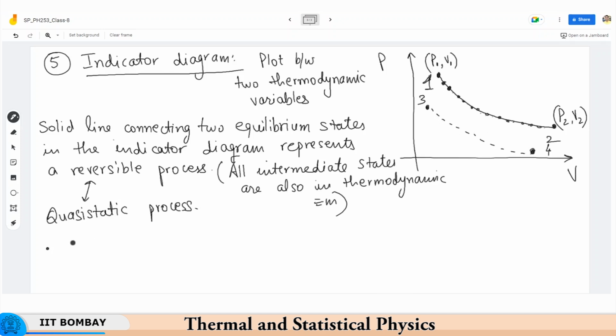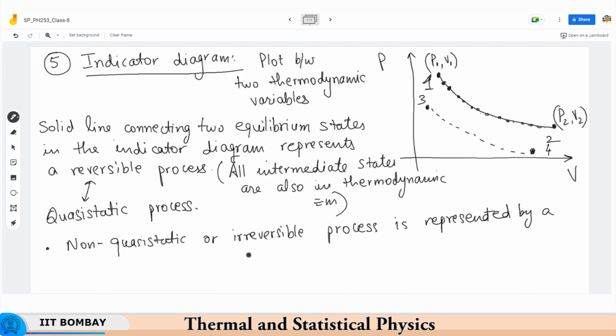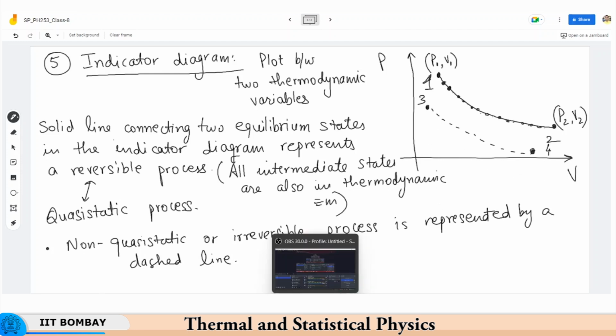So basically a non quasi-static or irreversible process is represented by a dashed line. Okay. So few things to worry about. Most of the times we will be actually working with reversible and quasi-static processes. Okay.